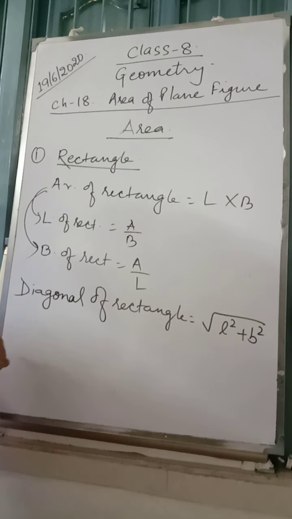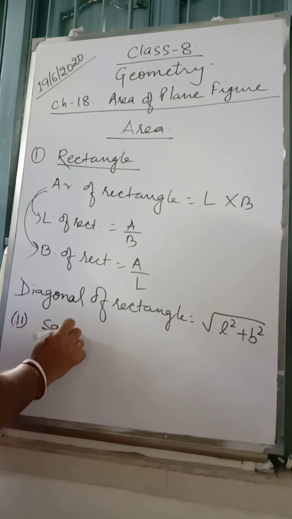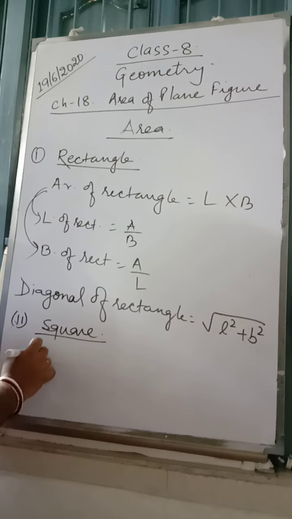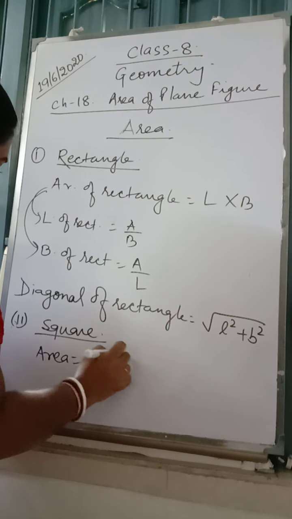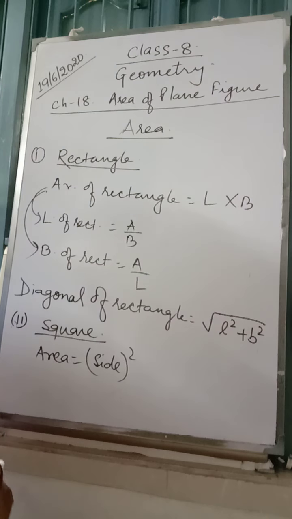Next we have square. Area of square is, all of you know, side whole square or side into side.